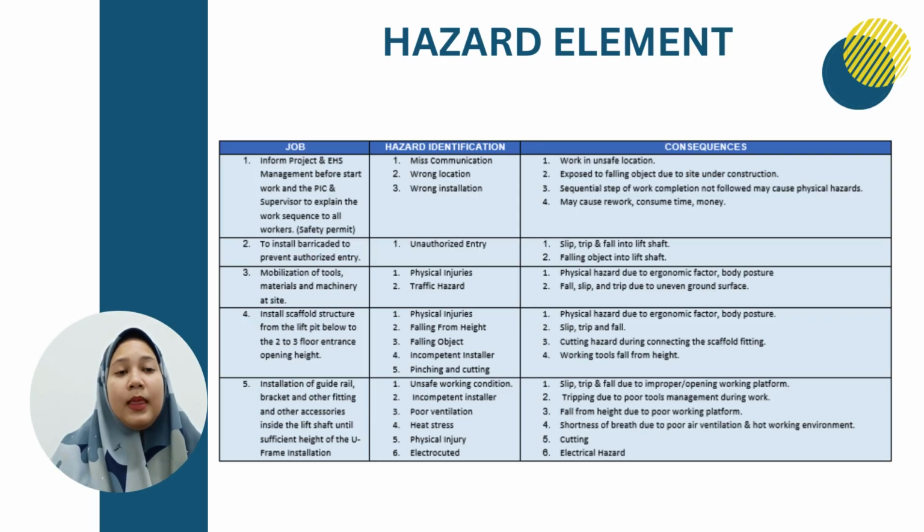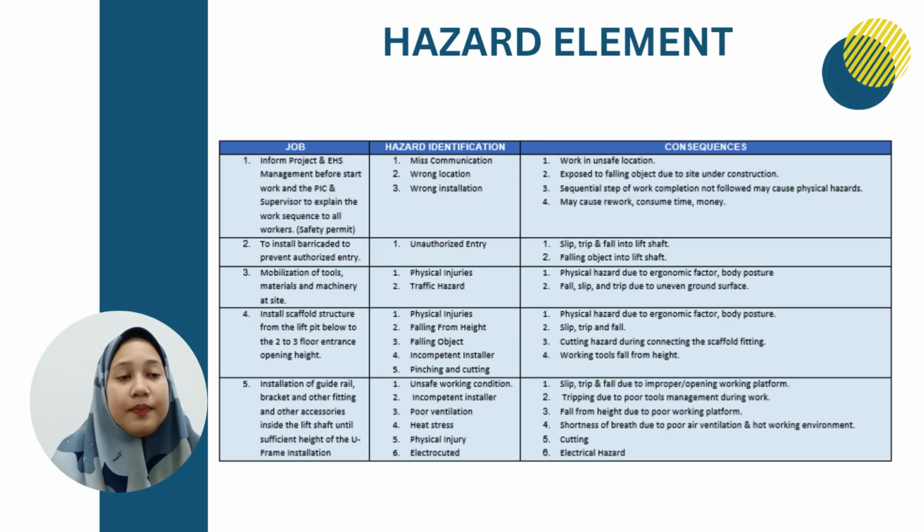Okay, the hazards that we are able to identify from the first step: the first one is miscommunication that can result in workers working in an unsafe location. Second is wrong location, where the worker might be exposed to falling objects due to the site being under construction.